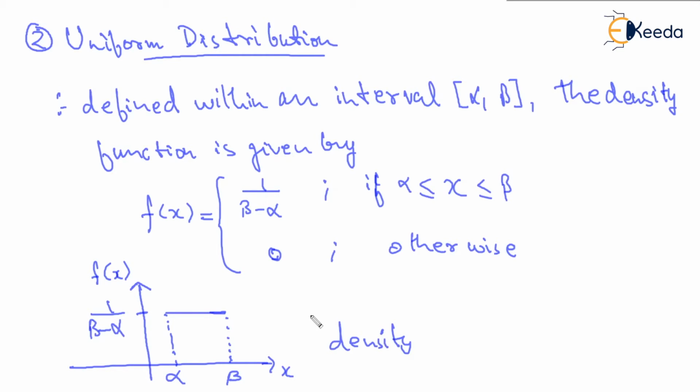Now we can also check for the cumulative distribution function, which is given as, let's say, f of a from minus infinity to infinity. We will have to integrate this f of x dx, and of course it is not defined from minus infinity, it is defined between the region of alpha to beta.